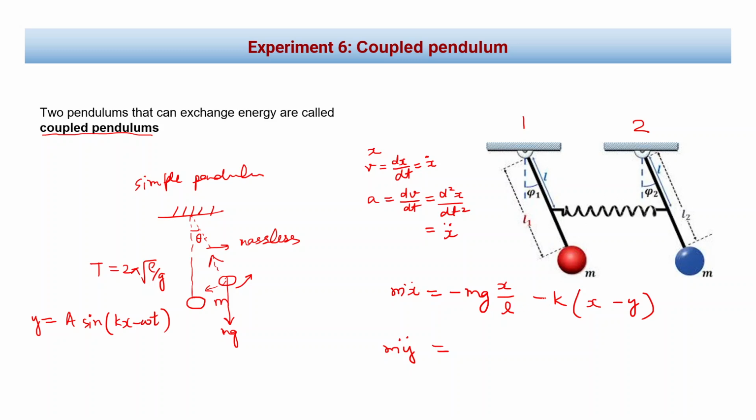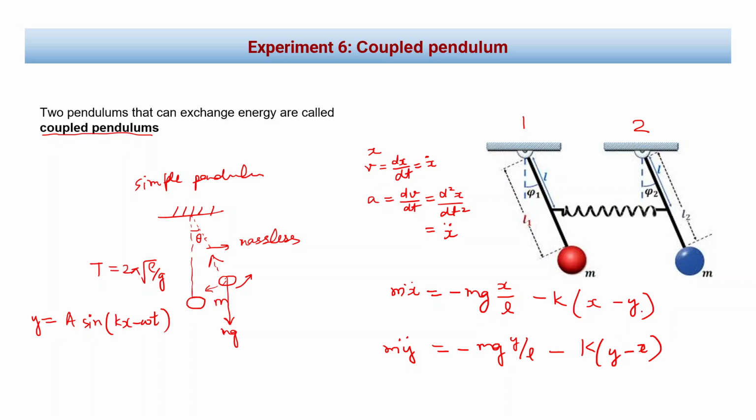Here, because of the spring, there is some more force acting, so that's why this term is coming. This is due to the tension force acting here. It's k(y minus x). This will be the equation of motion for the second pendulum.